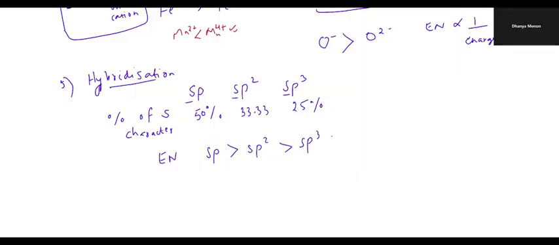So as the percentage of S character increases, electronegativity also increases. Here the S character is 50%, so it is most. Then the next one is 33.33, which is SP2. The third one is 25, which is SP3. So as the S character increases, the electronegativity also increases. For now, just keep this in mind, and when we do the next lesson, this will be more clear, okay?